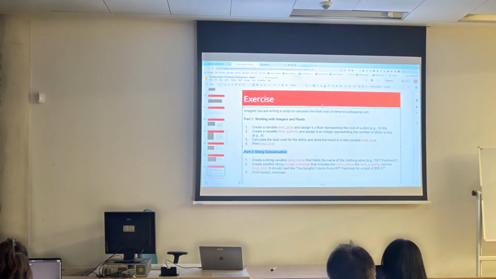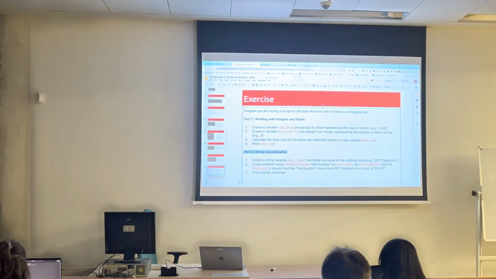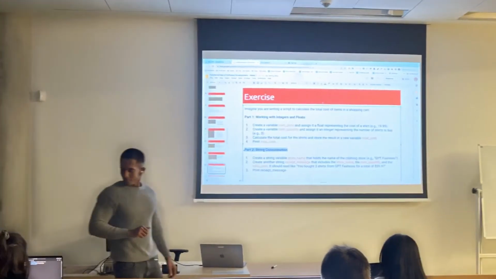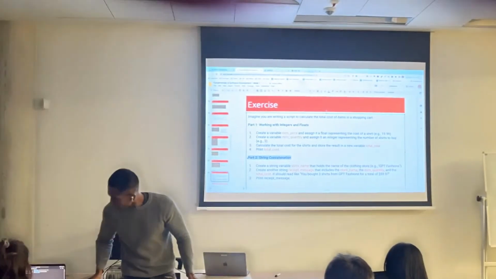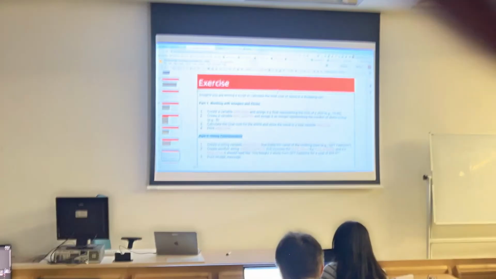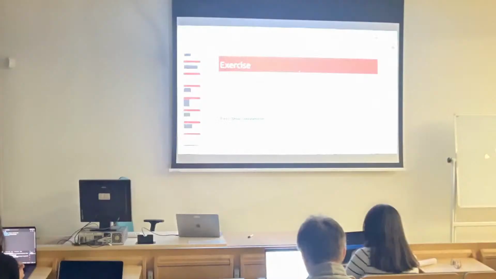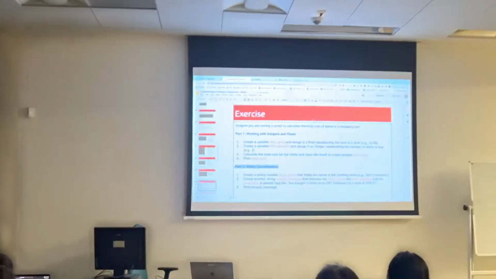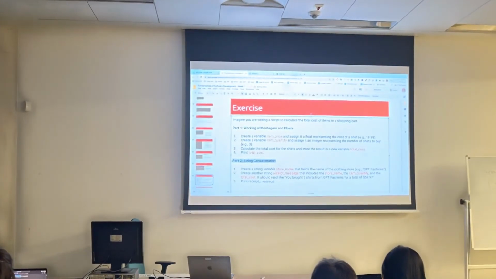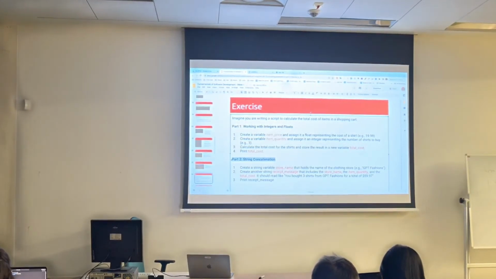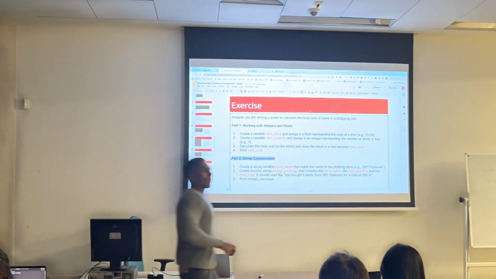Item is this, and this is item quantity. Let's increase the size. Better? Good? Okay. How are we doing?